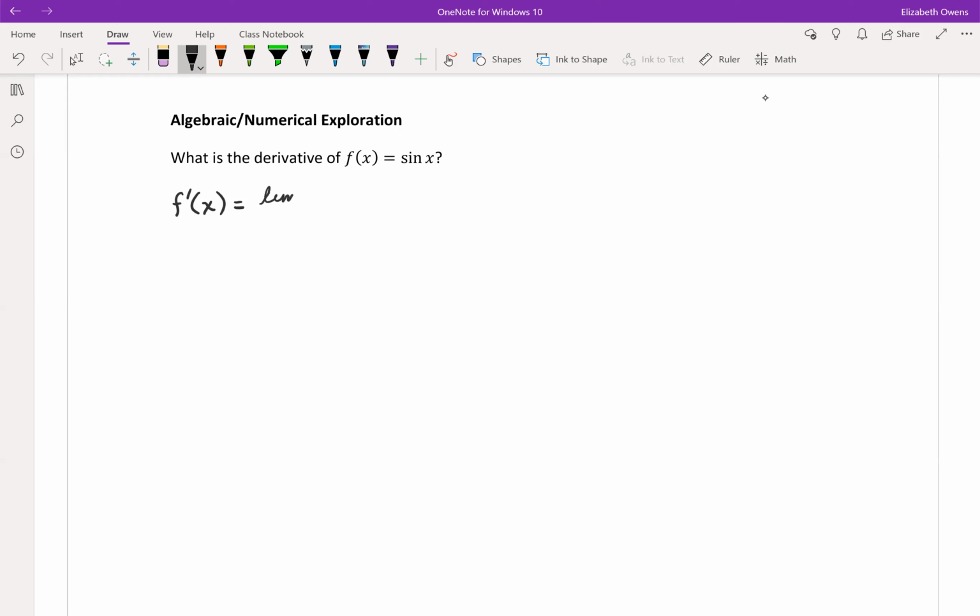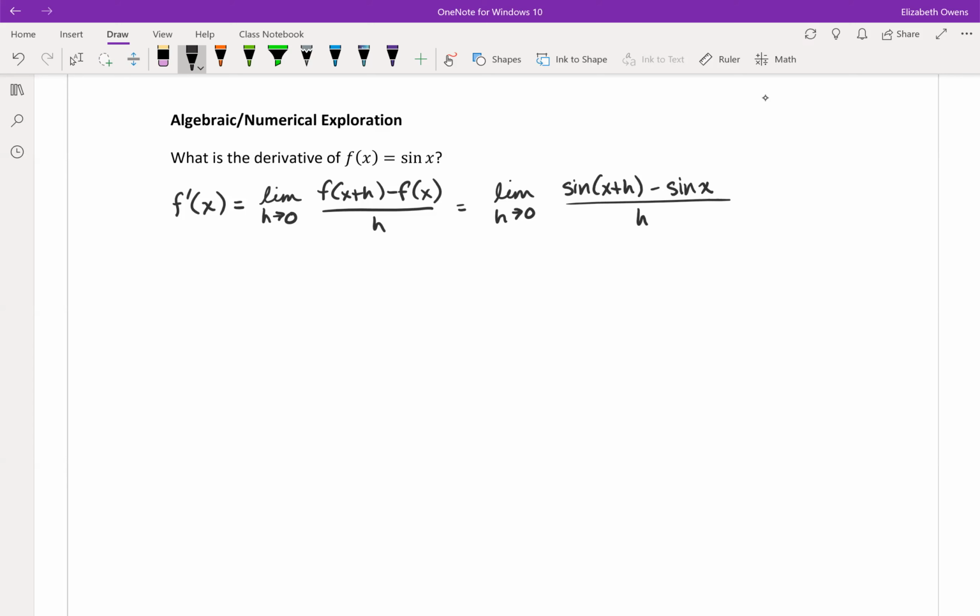So we're going to take it back to the limit as h approaches 0 of f of x plus h minus f of x over h. And so here in this case, our function f of x is just sine x. So we're going to have sine of x plus h minus sine x over h.